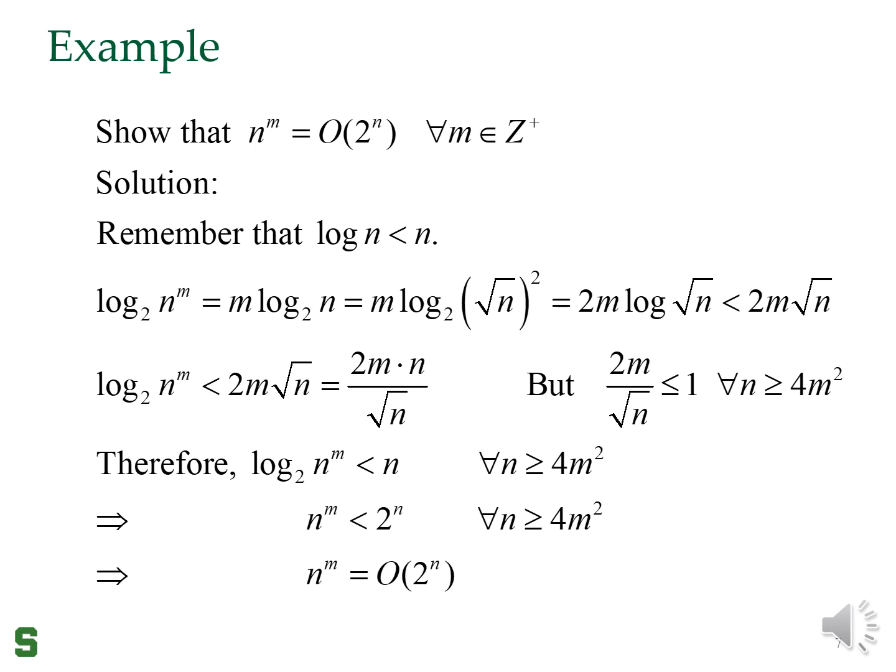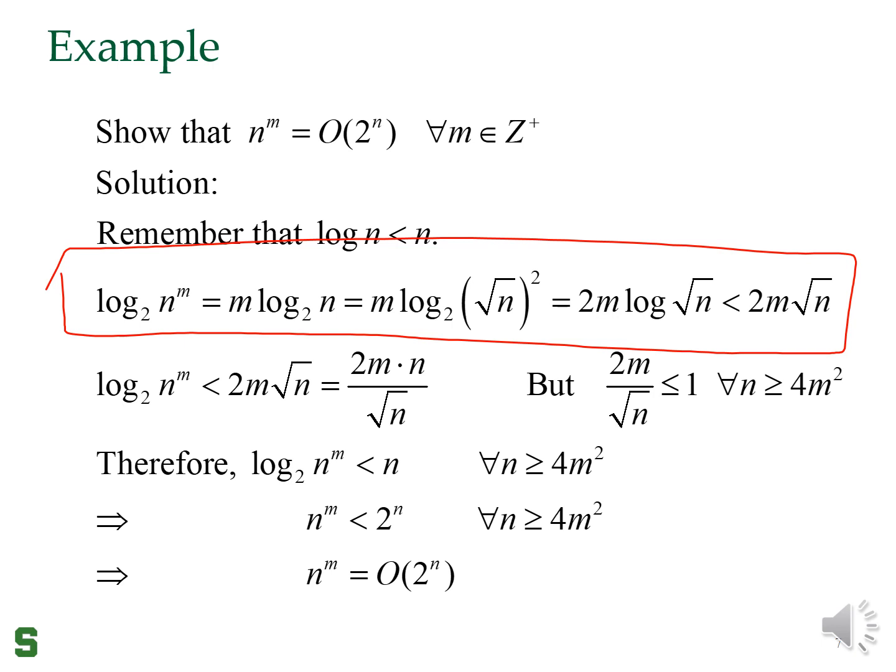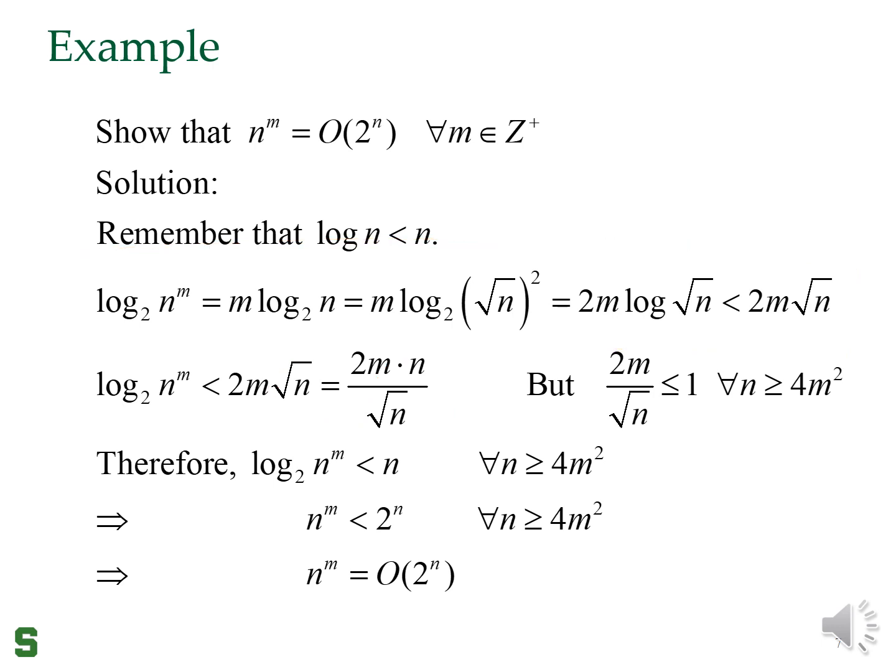I would suggest to pause the slide here to make sure that you are comfortable with this particular line of the slide. Next, we are going to write square root of n as n divided by square root of n. Then we are going to take this term 2m square root of n divided by square root of n.